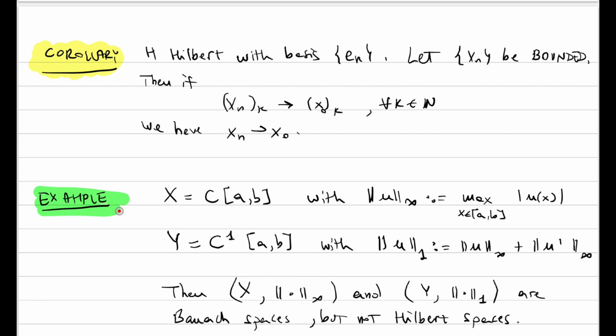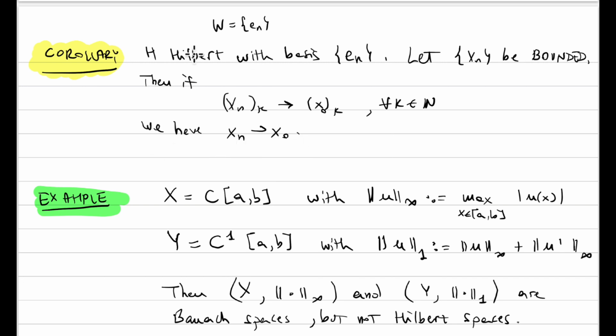Okay, a corollary: you take the set En, where En is a basis, and you suppose that the sequence Xn is bounded. Then if the components, the coordinates, converge, you can also conclude weak convergence.